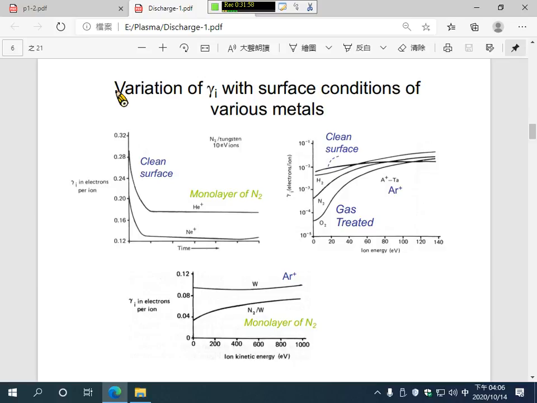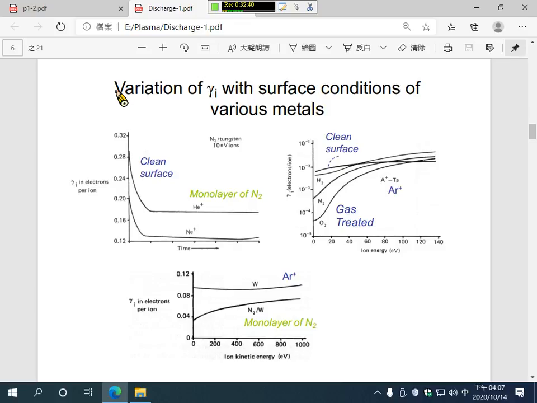So if you place a piece of metal, for example tungsten, inside the vacuum system, depending on the pressure of your vacuum system, you will find the surface of tungsten at the beginning might be very clean, but later on, the residual gas will adsorb on the surface of tungsten.